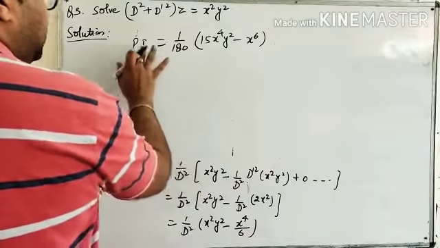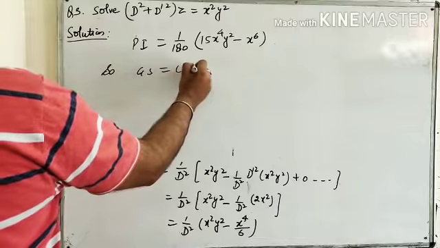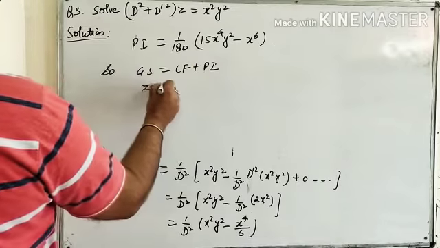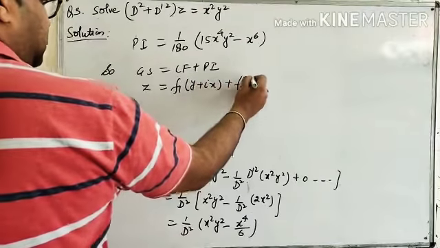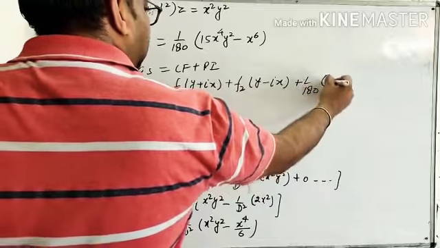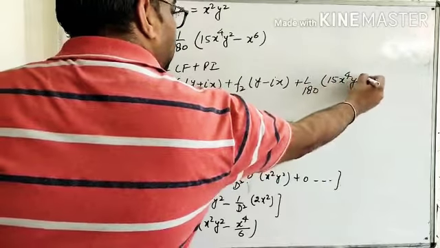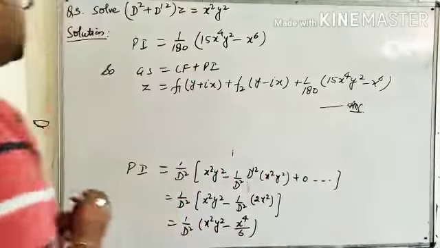After solving, we get this particular PI. So the general solution is equal to CF plus PI, or z equals to f1 of y plus iota x plus f2 of y minus iota x plus 1 upon 180 15x raised to power 4 y square minus x raised to power 6. This is the complete solution of this kind of problem.